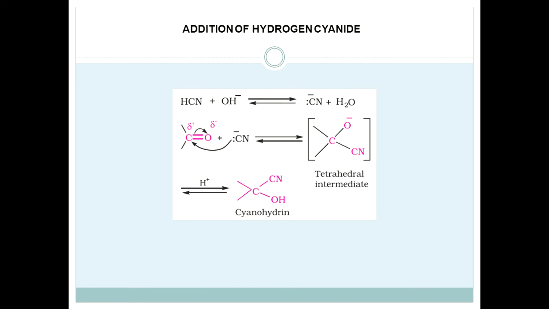The reaction then proceeds by the nucleophilic attack of cyanide ion on the carbonyl carbon atom. This is followed by the addition of a proton to the negative oxygen atom of the carbonyl group to form the required cyanohydrin.